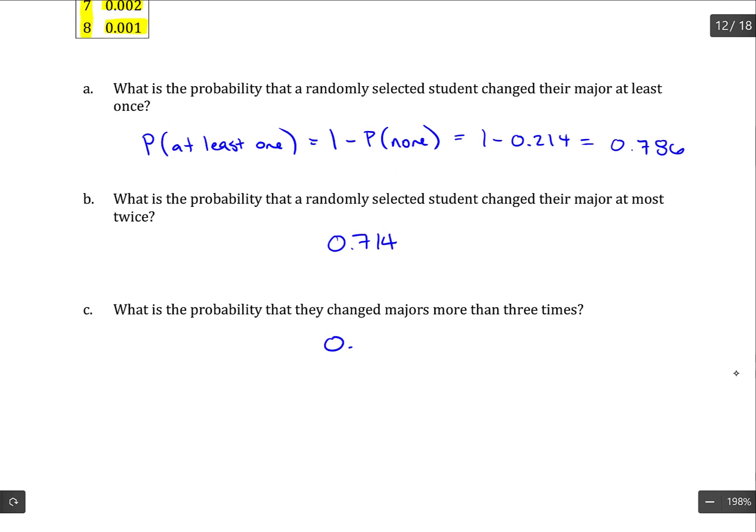So we just add together the events that qualify.